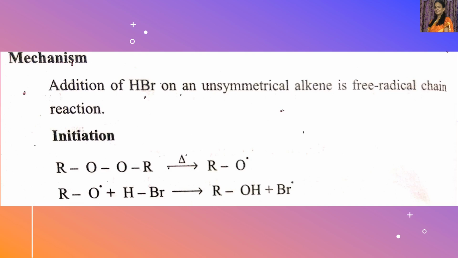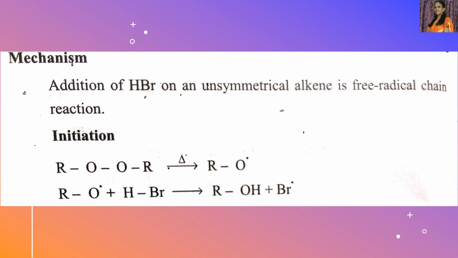Addition of HBr to an unsymmetrical alkene is a free radical chain reaction, we said. This chain reaction has three stages: chain initiation, chain propagation, and chain termination. Now here we discussed the chain initiation. In the initiation reaction, the peroxide undergoes homolysis to form alkoxy free radicals, and these alkoxy free radicals act as catalysts and accelerate the reaction.